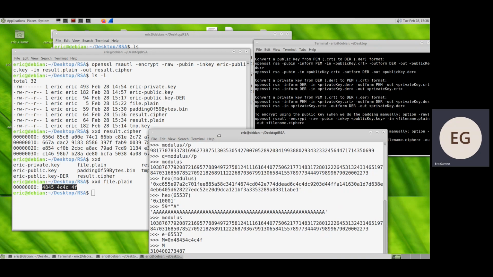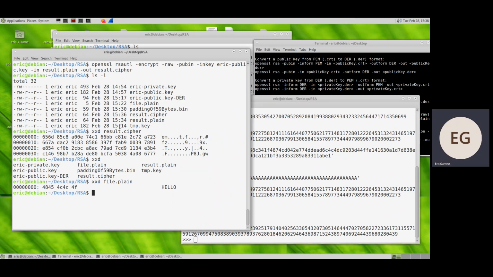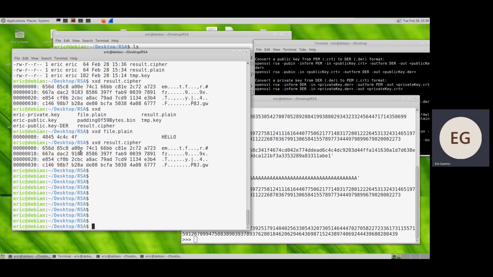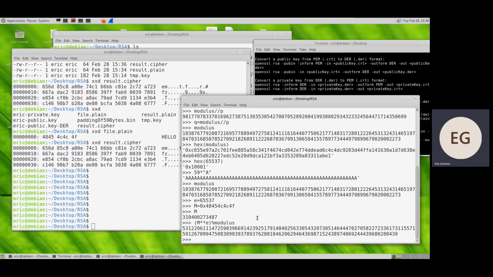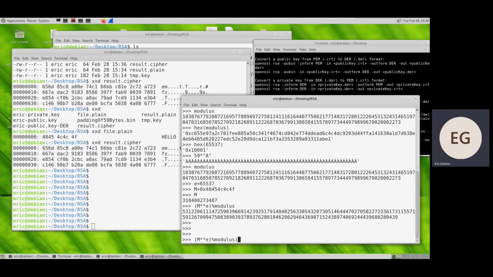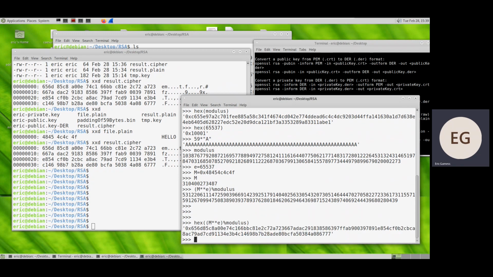Look at this integer. Let me show you the content of the file that we got after we encrypted it. This is in hexadecimal and this is in decimal. Let me put it in hexadecimal also. One way is with the hex function.